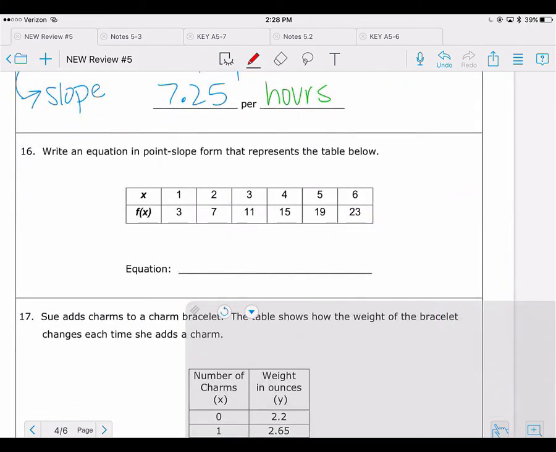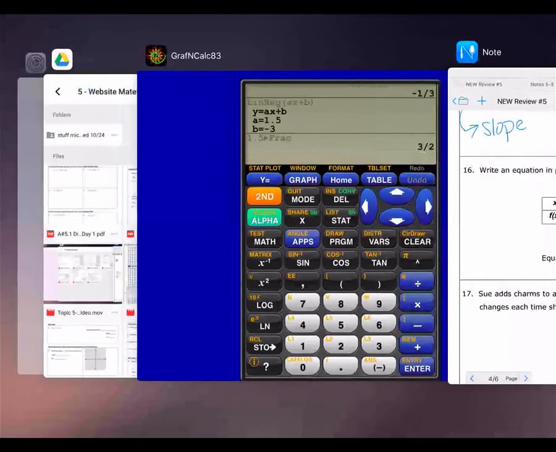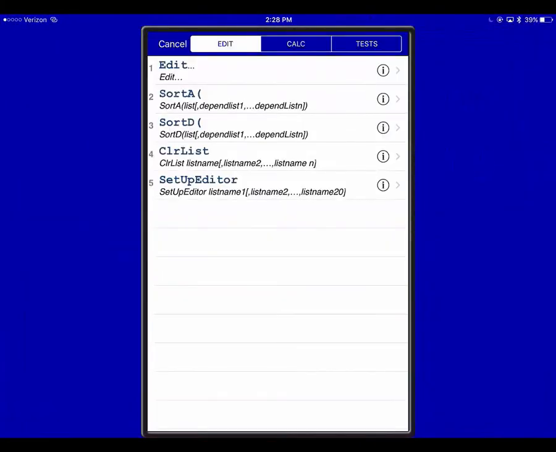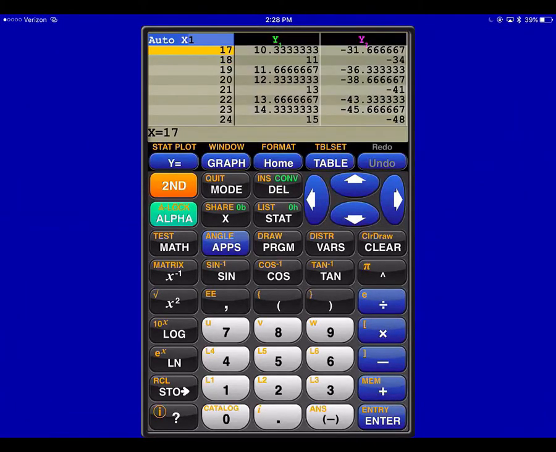16 asks us to write an equation in point-slope form that represents the table below. So for this problem, there can be a couple different answers depending on which point you pick. First thing I need to do is use stat edit to find my equation, or my slope. With stat edit, we can put it into slope-intercept form, but they ask specifically for point-slope. So I am going to use stat edit to get my slope, or you can do it by hand.